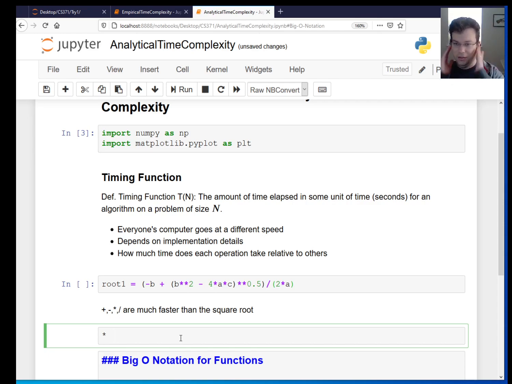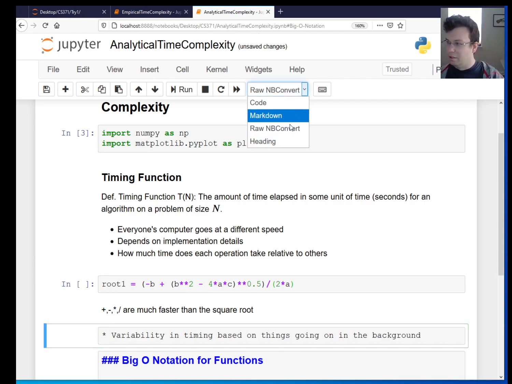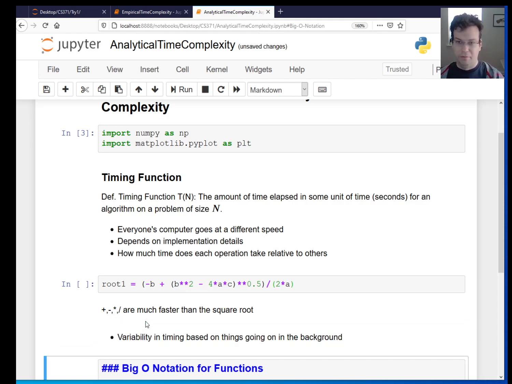So it's just horribly complex to define this thing because we have variability in timing based on things going on in the background. So are we just sort of hopeless? Is there no way that we're going to be able to come up with a satisfactory mathematical definition of time complexity?